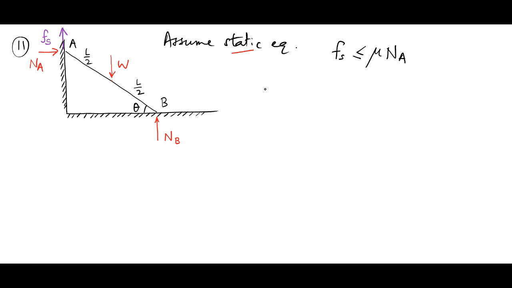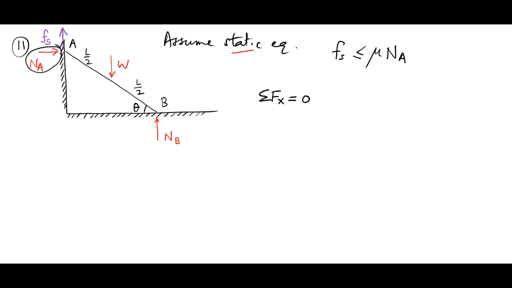So firstly we will use the condition that sigma Fx must be equal to 0 for static equilibrium. Now if you look at the rod, you see that there is only one force which is acting in the horizontal direction, and no other force acts horizontally. No other force even has a horizontal component. The other forces are simply vertical.